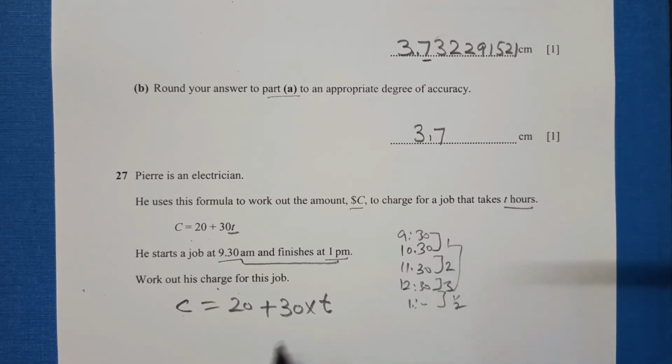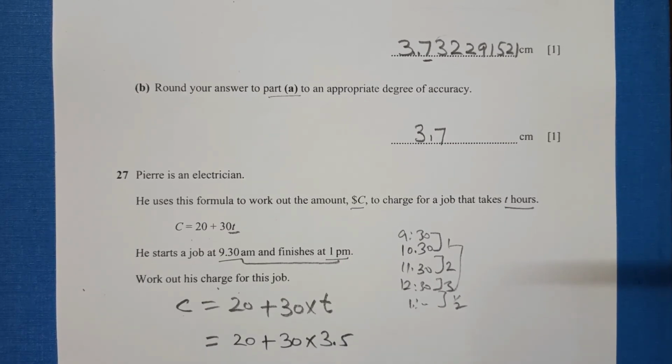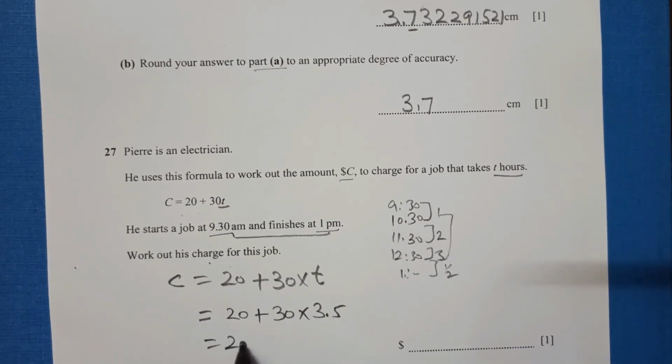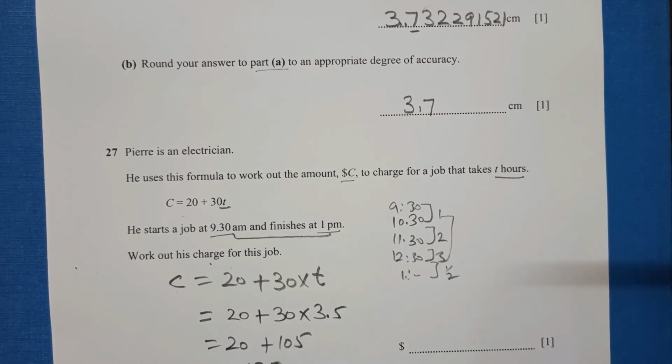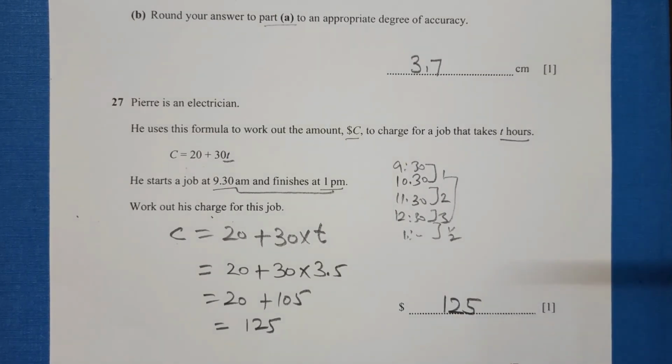So 3 and a half, that is 3.5. So 20 plus 30 times 3.5. So this is 20 plus 105. When you add, it is 125. So our final answer is $125.